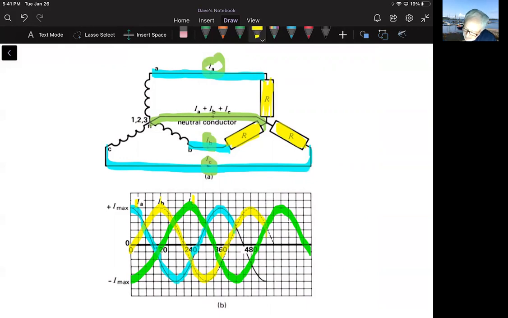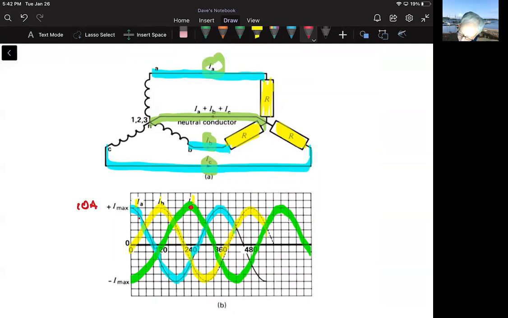Now, it's very interesting to see that if I pick a particular point, and let me find a good point here. All right, I'm going to go here to phase C, and I'm going to say that this is 2, 4, 6, 8, 10 amps here. All right, and it's 10 amps, and let's say it's positive, so positive indicates a certain direction.